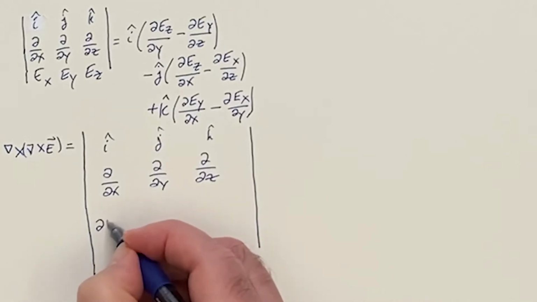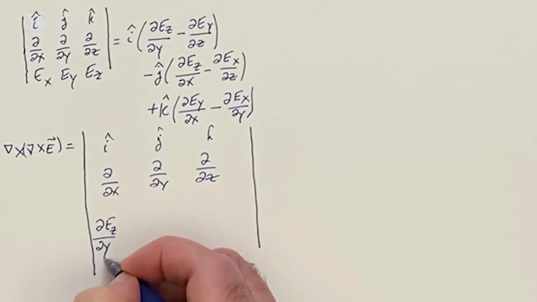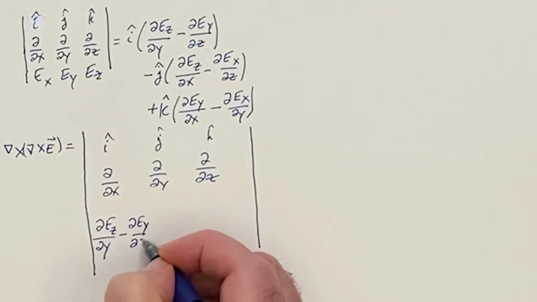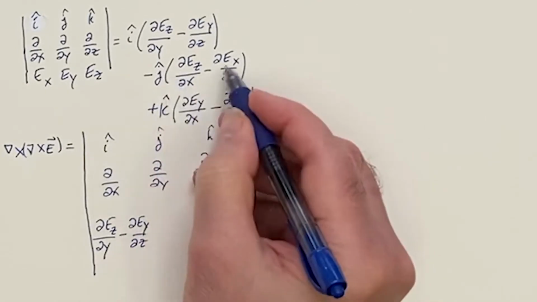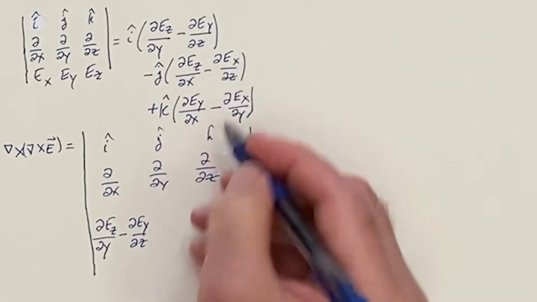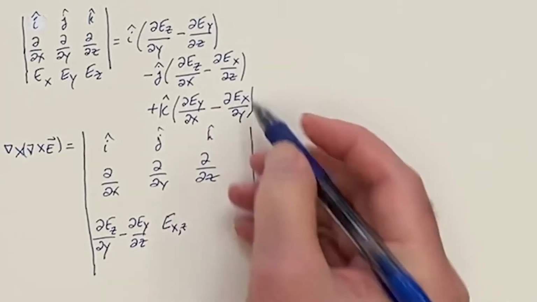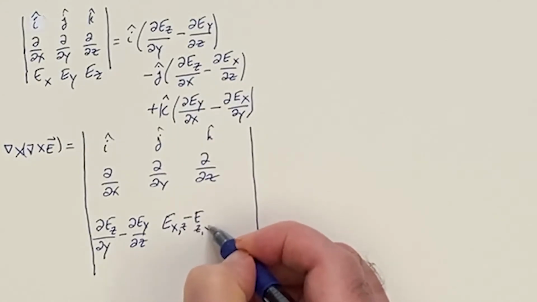So here is, say, Ez with respect to y minus Ey with respect to z. Some cool notation: here I want the partial of Ex with respect to z. I could put down Ex comma z like that, and then subtract Ez comma x.